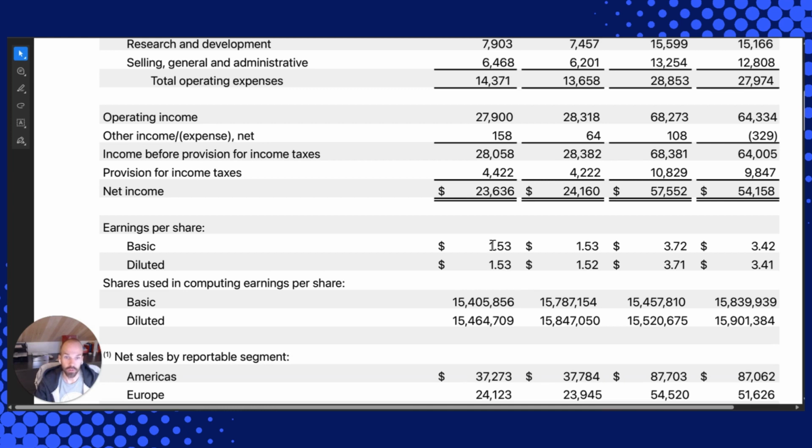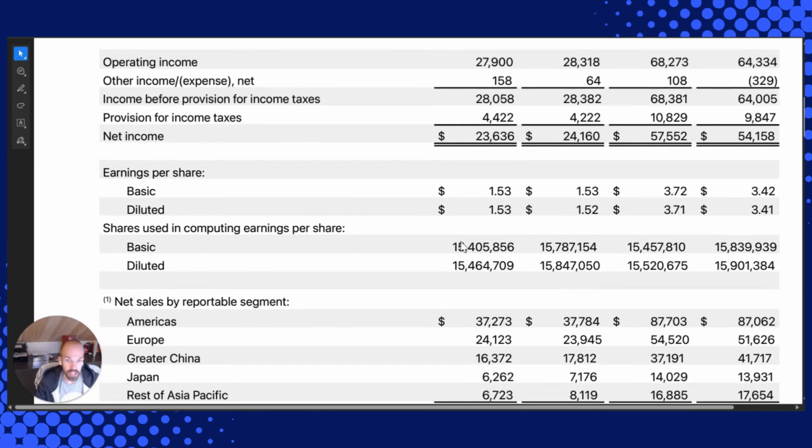And that gets you to $1.53 per share on a basic basis, and $1.53 on a diluted basis. Not much difference between the two for Apple here. This is the number, $1.53, that is compared to their share price to get you a PE ratio. So the share price divided by 1.53 would get you a PE ratio.